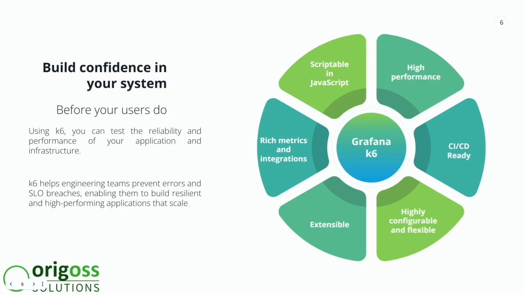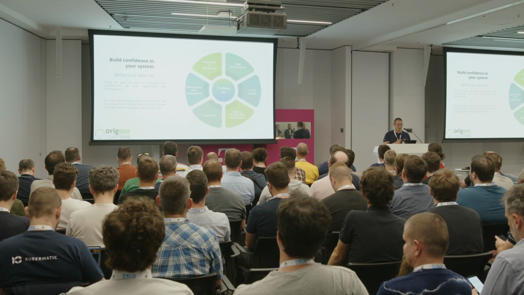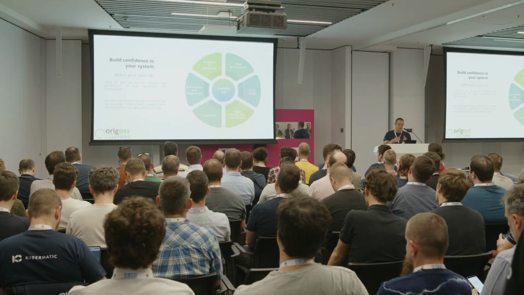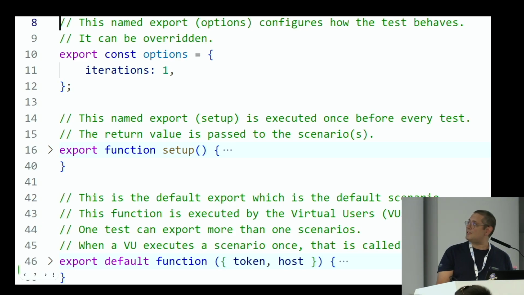If you look at the K6 extensions GitHub repo or K6 extensions page, because there are multiple repos, you will find a lot of different contributors building a lot of different extensions, and it's great. It's really community driven. And Grafana is really contributing back to the open source world. Also, we are using Grafana in prod already, and we are using Prometheus already, so K6 was a natural choice.